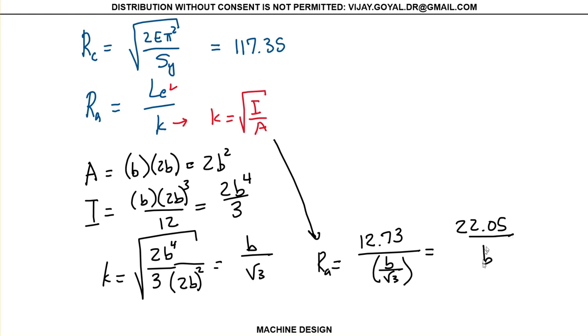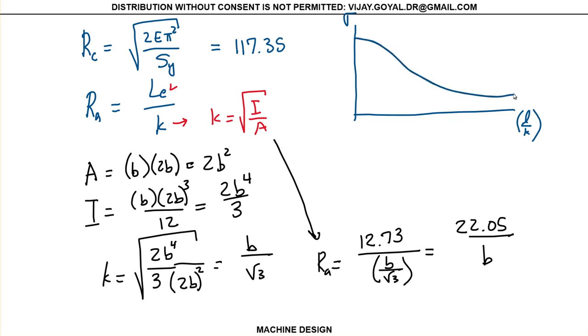Okay, now look what's going on. In this particular problem, if I draw my plot here, we know the plot of your stress versus your L over K. I have my critical slenderness ratio, and depending on the side I'm working on, if your RA is bigger than RC, then in that case I will use Euler's equation.